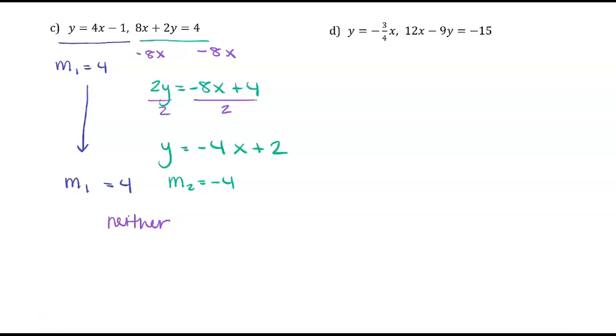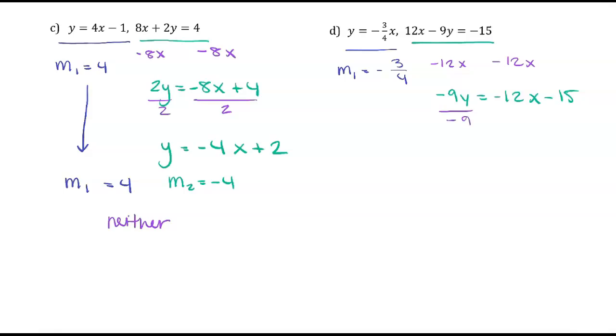In part D, our first equation is y equals negative 3 over 4x. So our first slope, m1, is negative 3 over 4. Our second equation is given in standard form, so let's switch it to slope-intercept form. Subtracting 12x from both sides gives us negative 9y equals negative 12x minus 15.